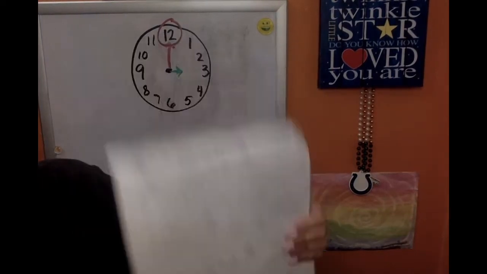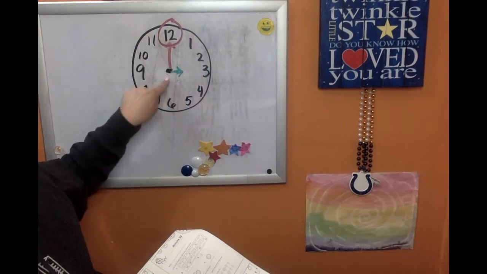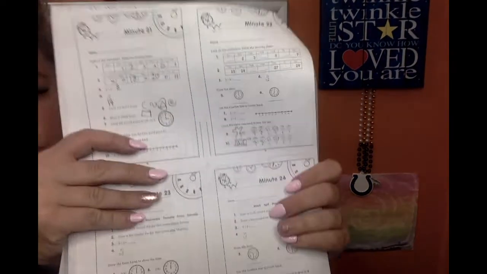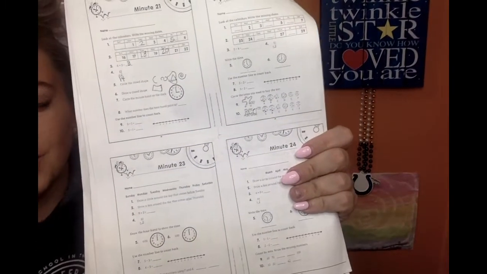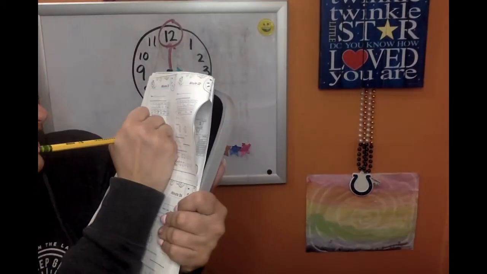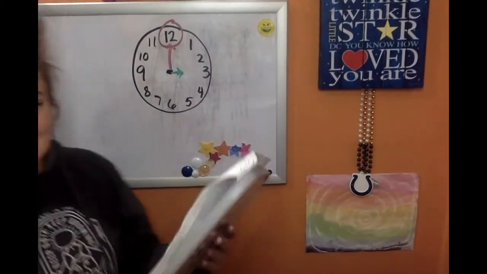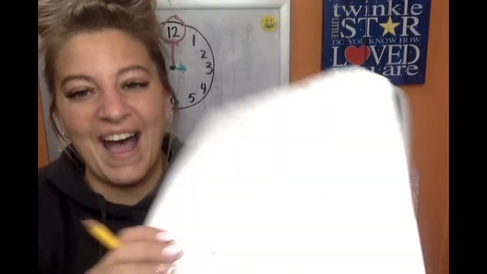So which one is the minute hand? Are we going to circle the one pointing to the 3 or the one pointing to the 12? The 12. Good. That was fantastic. Now remember, telling time is just for fun, just like the money.